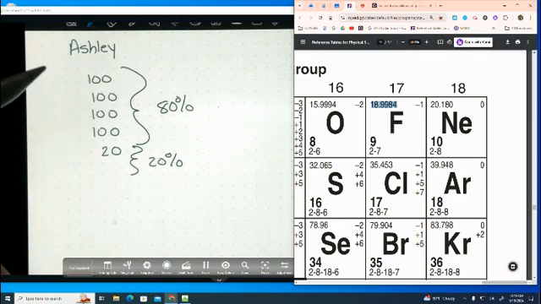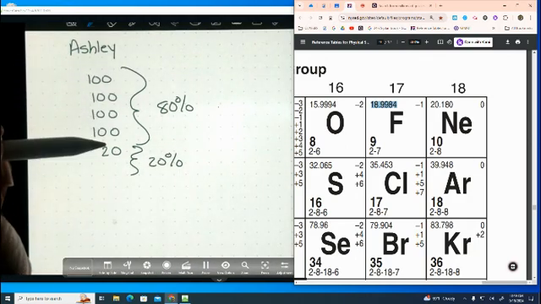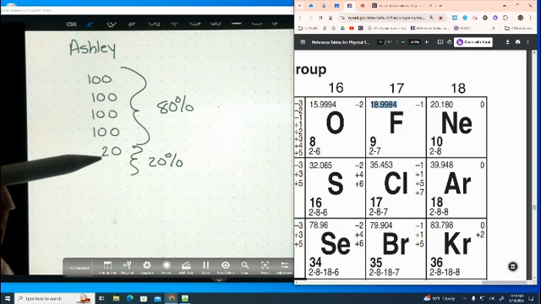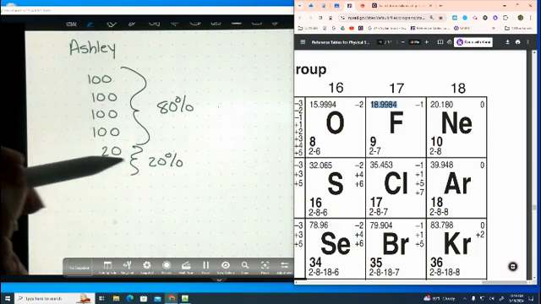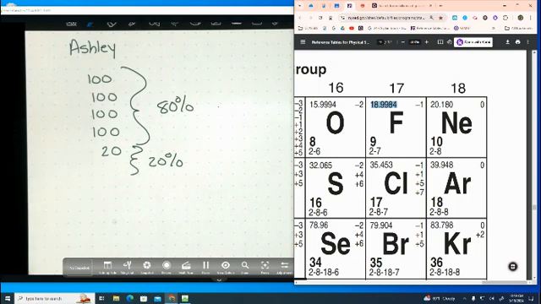And when I say percent of the time, look, it's 4 out of 5, that's 80, and 1 out of 5 is 20. It has nothing to do with these scores. It just happened to be the same just because. So her average had better be closer to the 100 than it is to the 20.